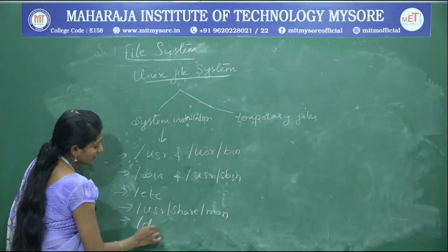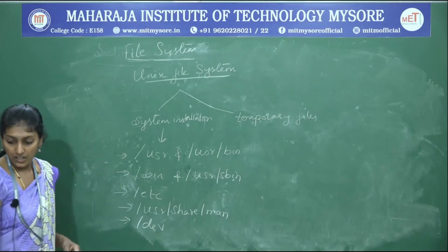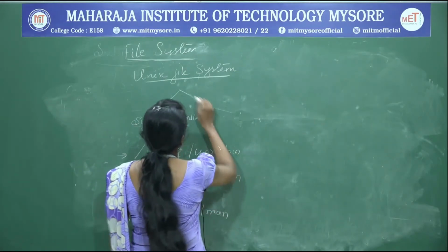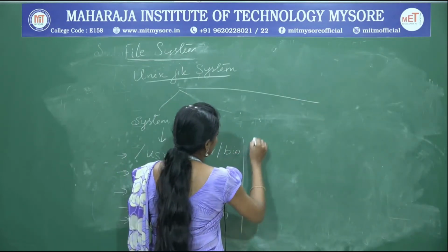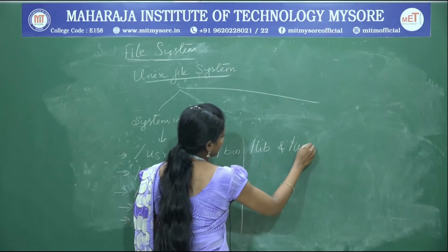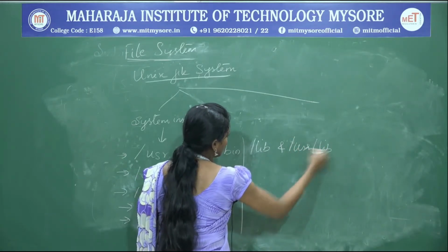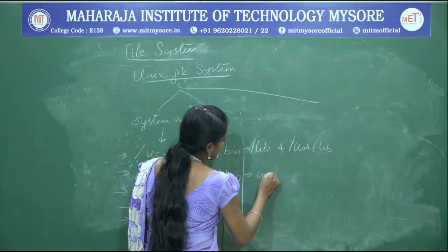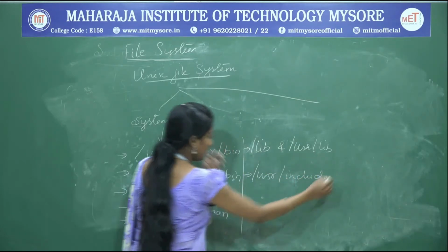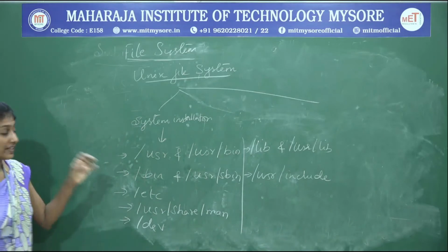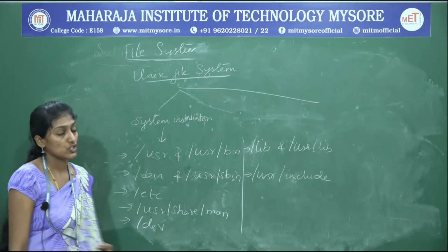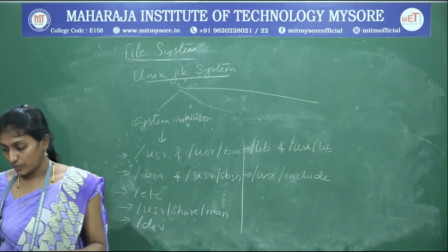We have a library file under this itself, and the /usr/include file. These are a few of the files provided under the system installation when the system has been installed with the Unix operating system.